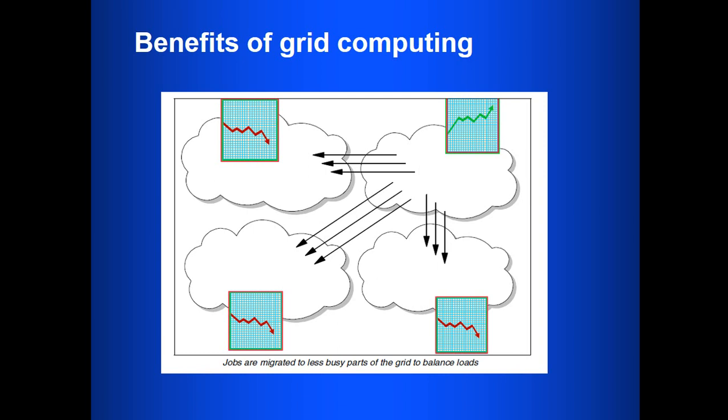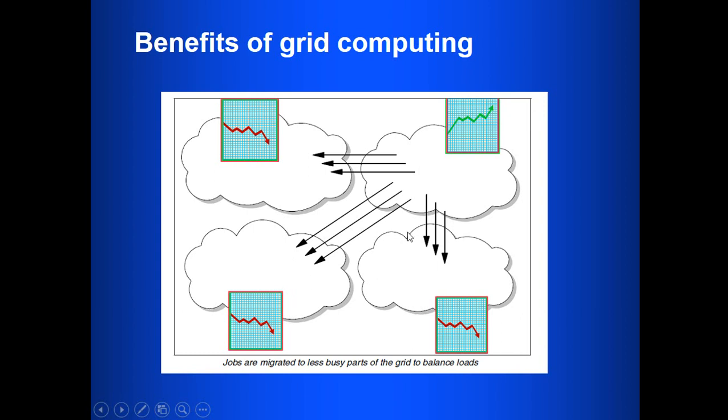One part is highly busy, and the other three parts are less busy.